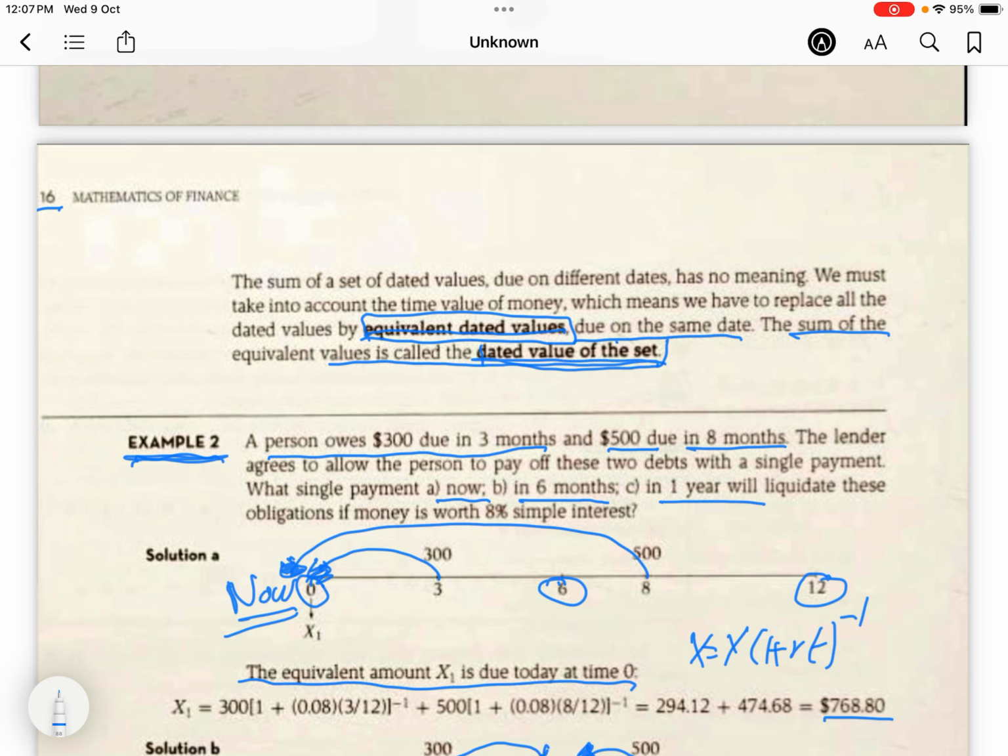The lender agrees to allow the person to pay off these two debts with a single payment, which means that we have two debts but one payment, now, or in 6 months, and in 1 year.